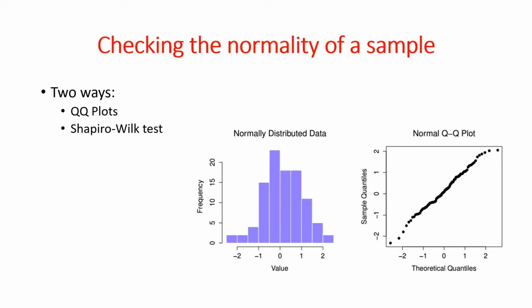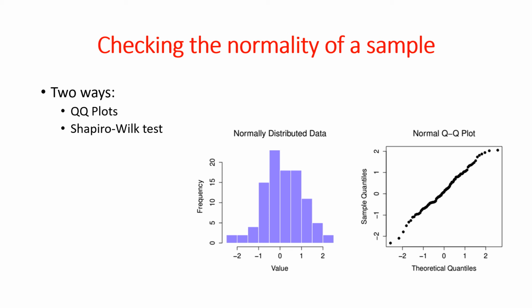There are basically two ways to check normality: QQ plots and the Shapiro-Wilk test. I'll go first through the QQ plots, and you can also see histograms next to them. The QQ plot here shows normally distributed data. I've talked about normal distribution a lot throughout this module.